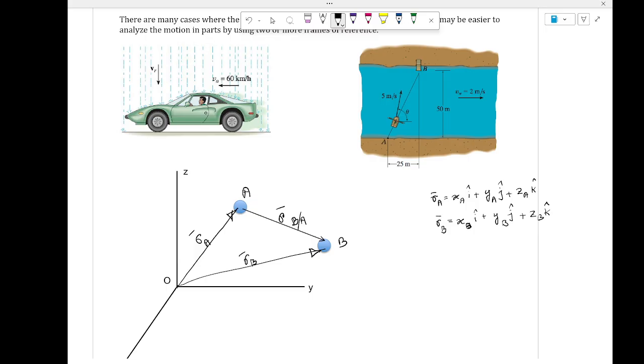So can I write this one plus this one is equal to this one? That's from statics, the force triangle, something you have done over the years. So let me write that: RB equals RA plus RBA.